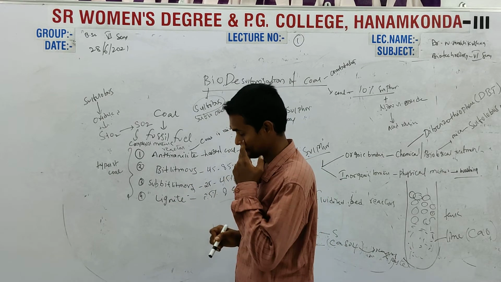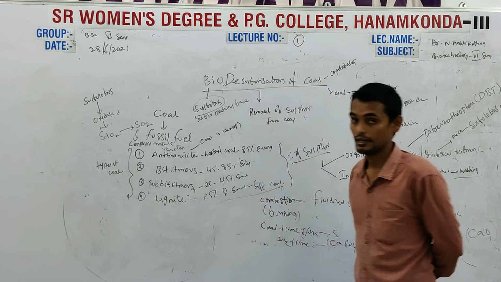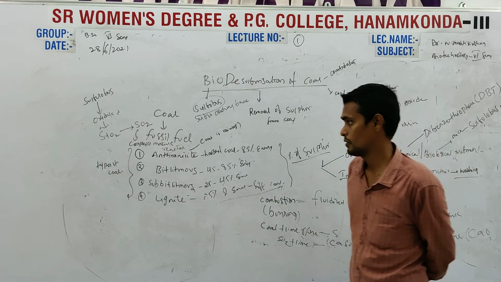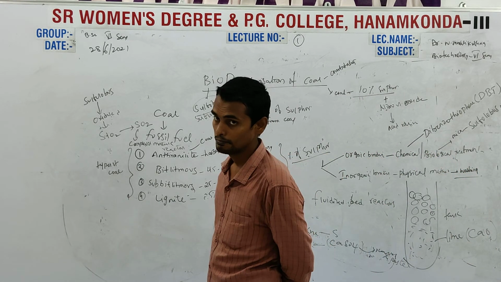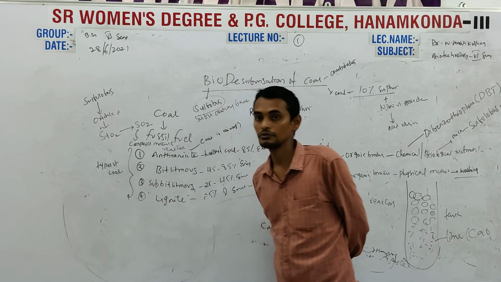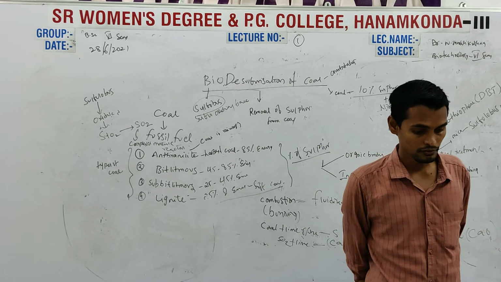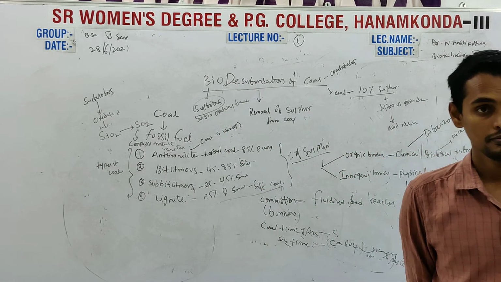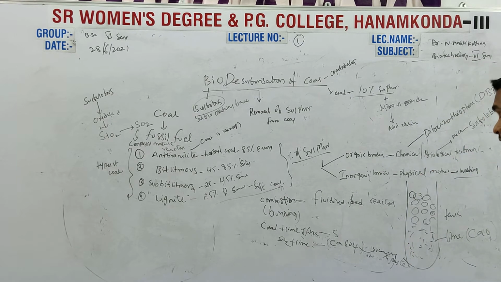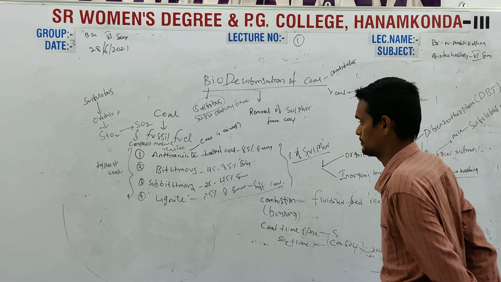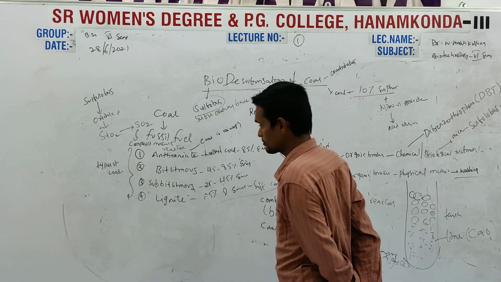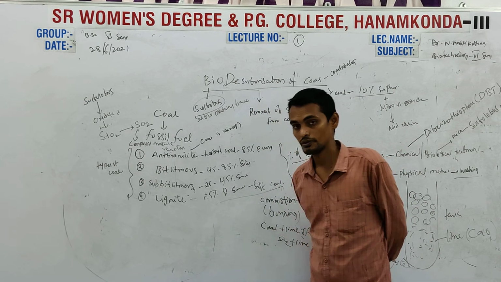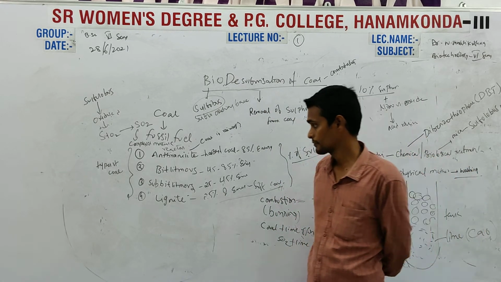The next category is bituminous, which gives 45 to 85% of energy. The other type is sub-bituminous, which gives 25 to 45% energy.